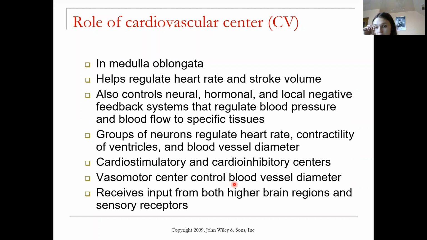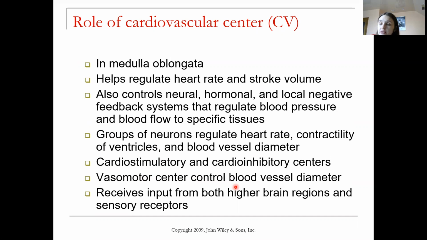Also, it controls neuronal, hormonal, and local negative feedback systems. In the cardiovascular center, we have the cardiostimulatory and cardioinhibitory centers, and also we have the vasomotor center, which will control blood vessel diameter.